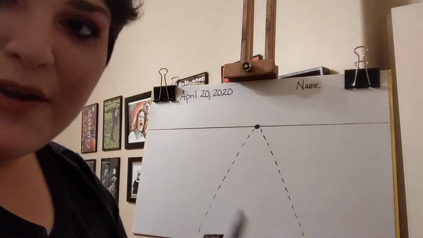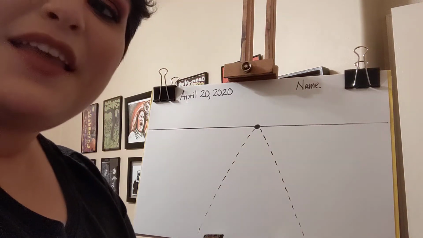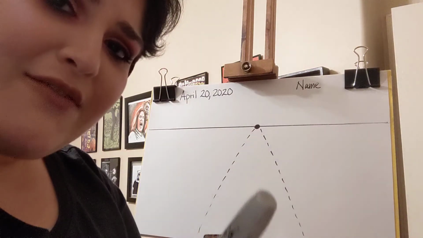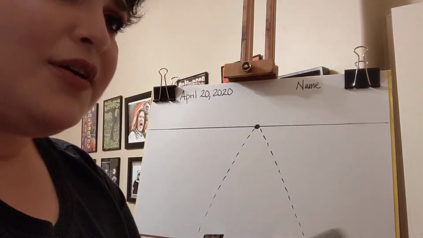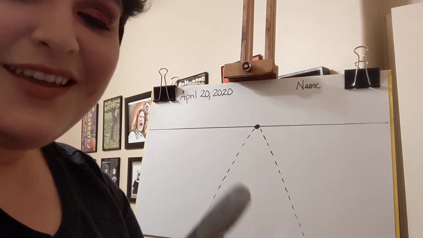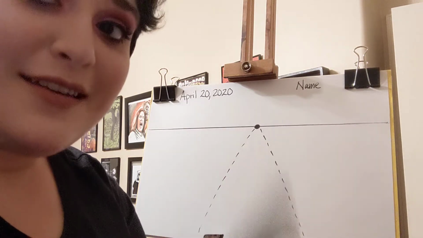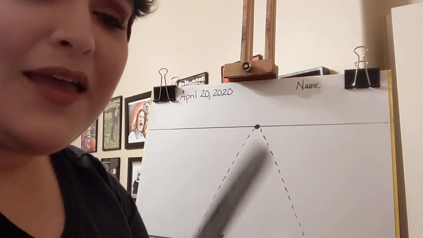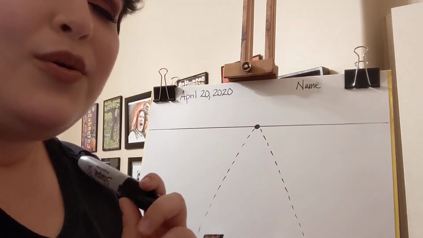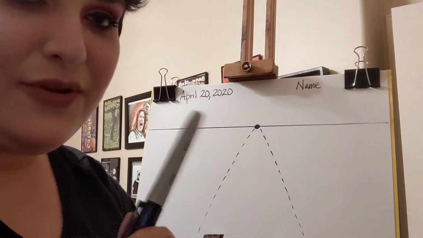Put little people in there, put some cars in there, make it just like a nice little scene. And also, if you have colored pencils or markers or anything like that at home, definitely color it. It's not required, but if you have all the materials at home, definitely color it, because it will turn out way, way better if you color it. And you're going to have a lot more fun with it if you're able to color it.